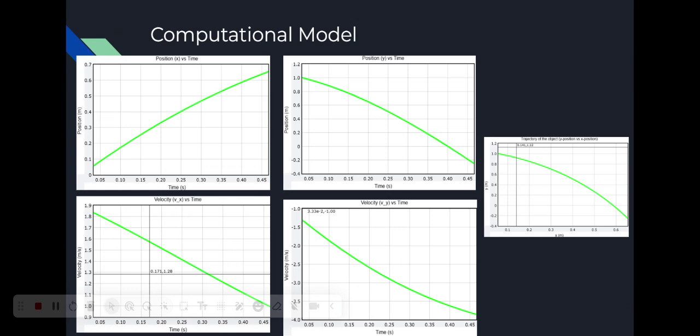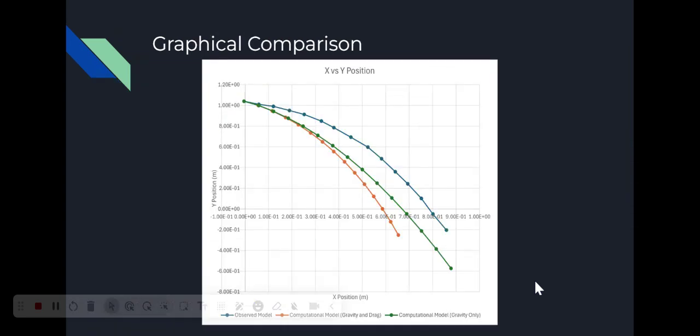So from the computational model, these are the graphs derived from the computational model with both drag and gravity. And as you can see, the drag causes the velocity to not be constant in both the x and y direction. So for a graphical comparison, we have the green, which is the computational model with gravity only. We have the blue, which is the observed model, and the orange, which is the computational model with gravity and drag.